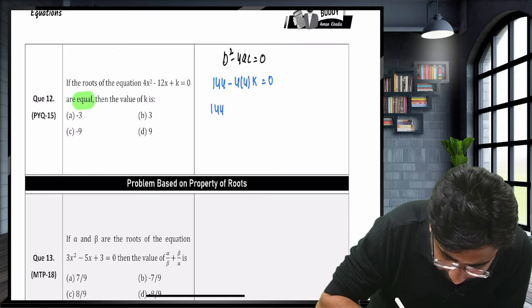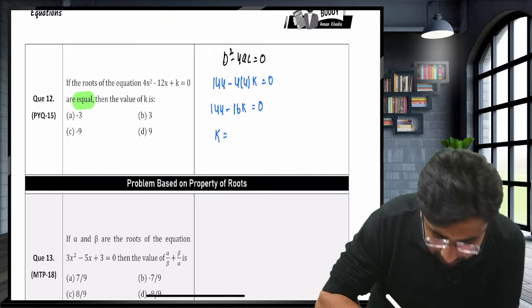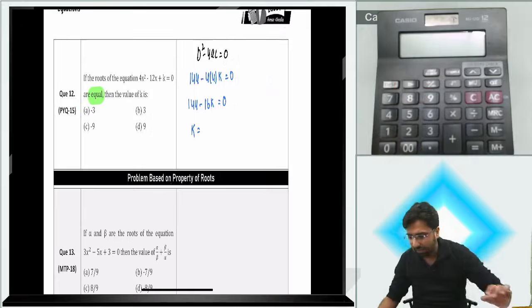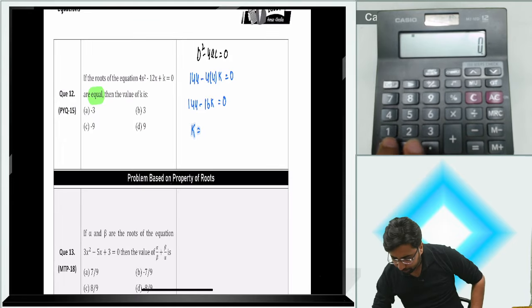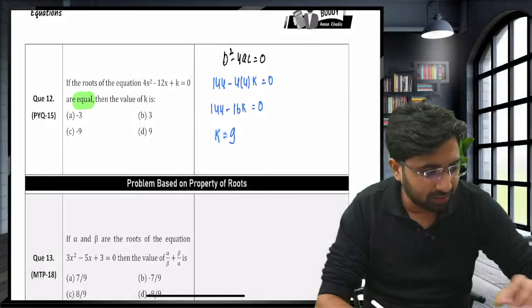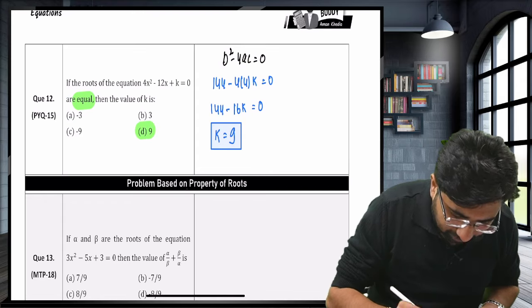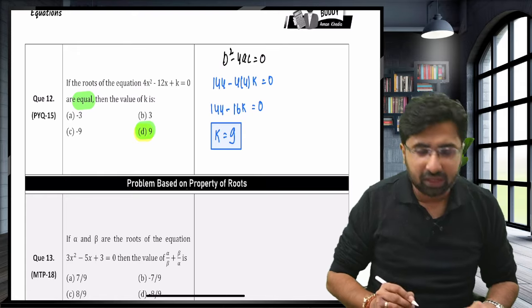So 144 minus 16k equals 0. What will be the value of k, everybody? 144 divided by 16, you will get 9. So the value of k is 9, and option D is the right answer.